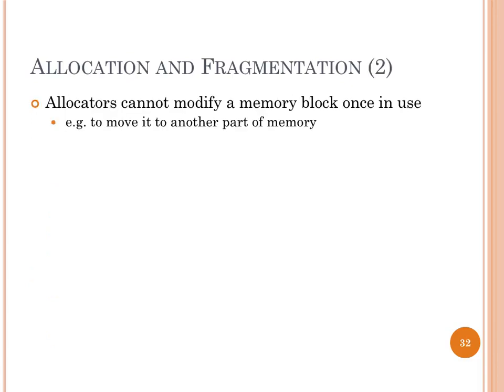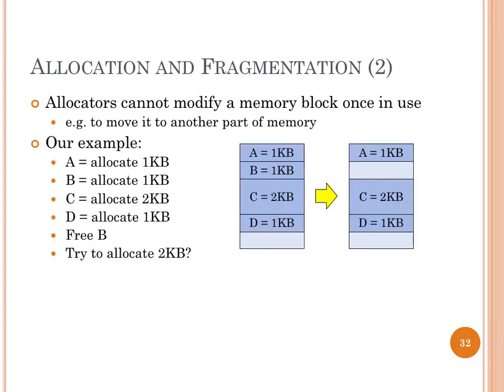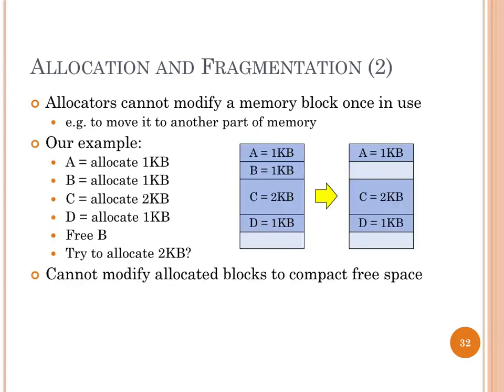Okay? Once you've handed out a block of memory, you're not allowed to change it anymore. Part of the reason why is because we're talking about languages like C. They've got pointers and junk, and we may have a pointer into the middle of that thing. We may have pointers in that thing to other things. So what I mean by pointing out this detail is we can't slide C and D in memory to make this memory contiguous.